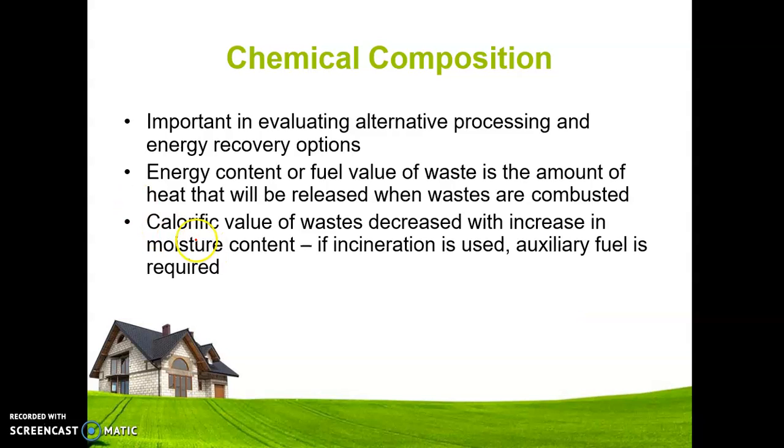Later in this chapter, the subtopic after this is to calculate the energy content. So how are you going to do this? You need to know the chemical composition first of the waste that is being produced.